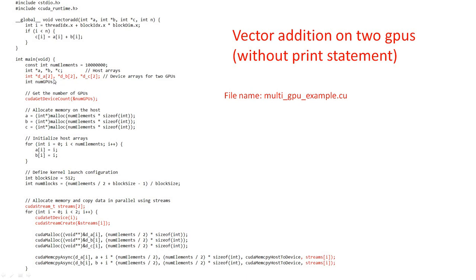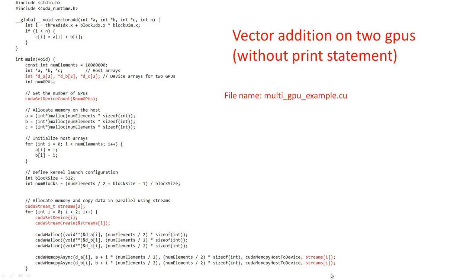This is for dimension 2 because we are trying to use two GPUs. cudaGetDeviceCount will give you the number of GPUs, which in our case is 2. Then cudaStream_t stream[2], and you have to select cudaSetDevice 0 or 1. Similarly, there are changes like this in every function.